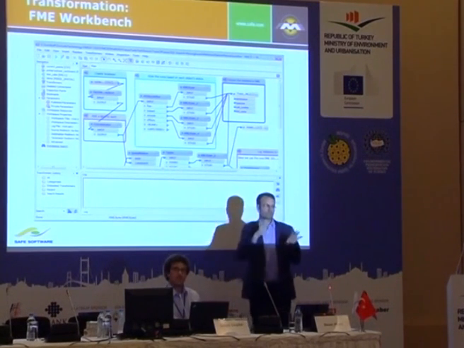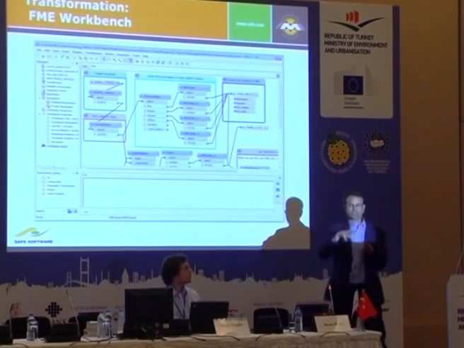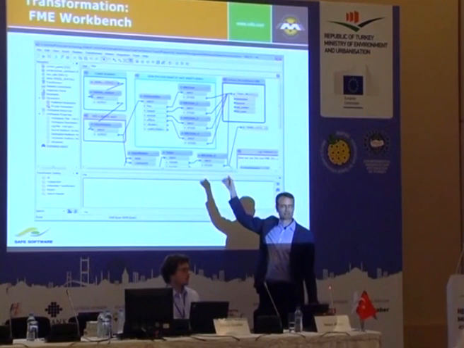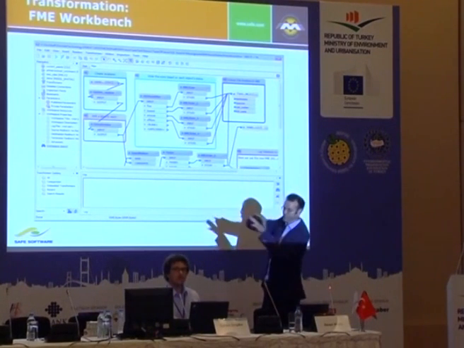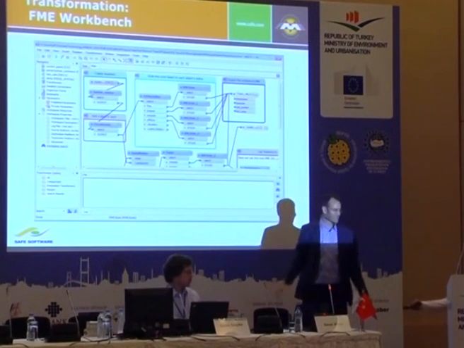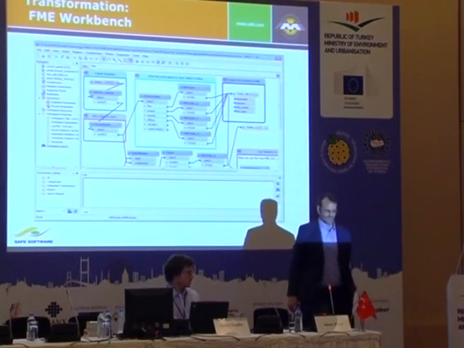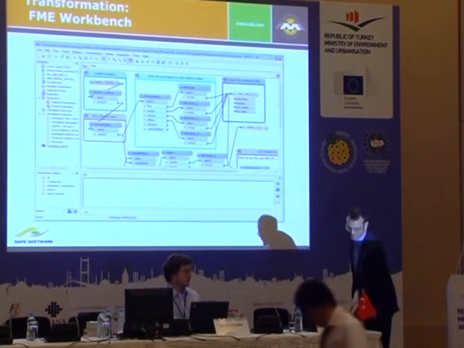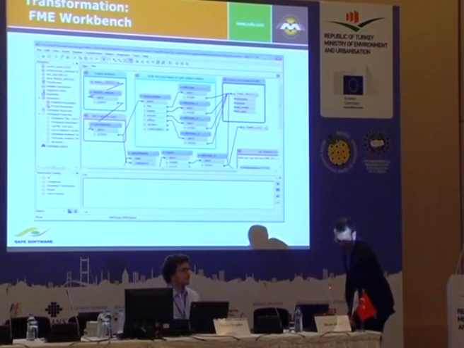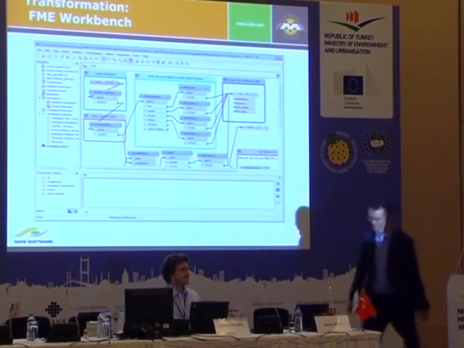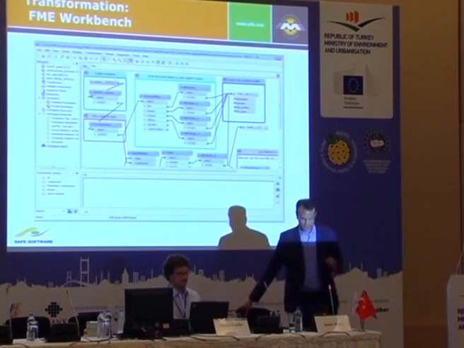I'm taking XY coordinates, generating point locations, and then based on the value of one of the fields, I'm filtering the data and loading the destination database. And we'll get back to this in a minute.